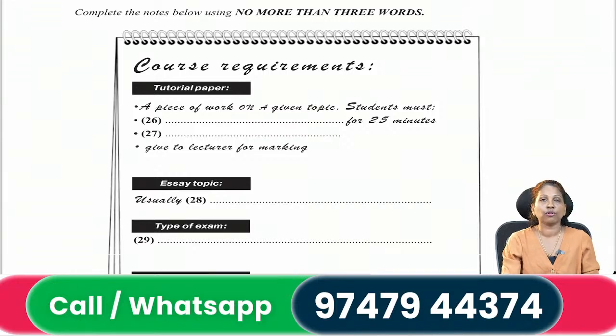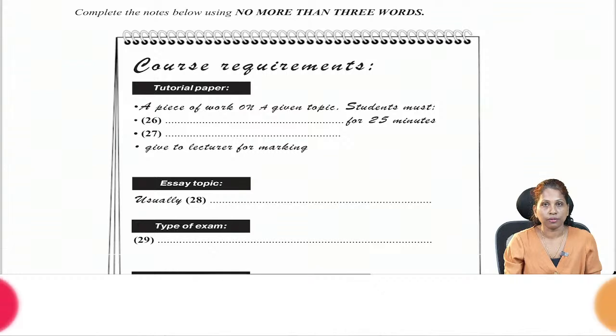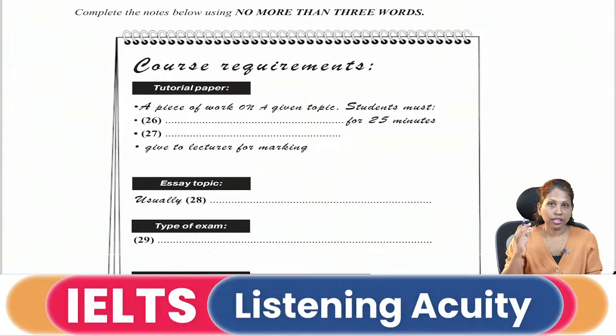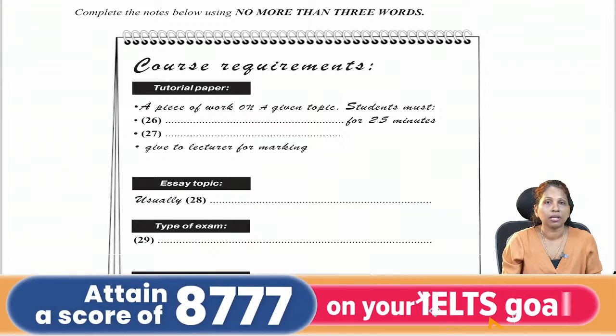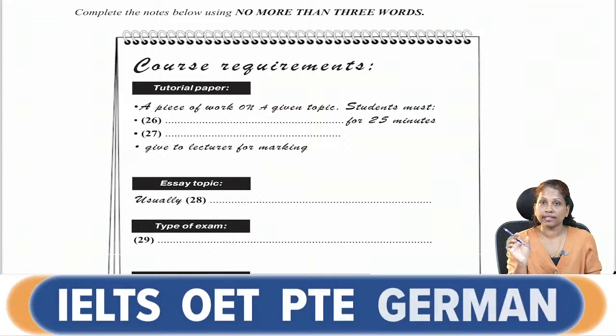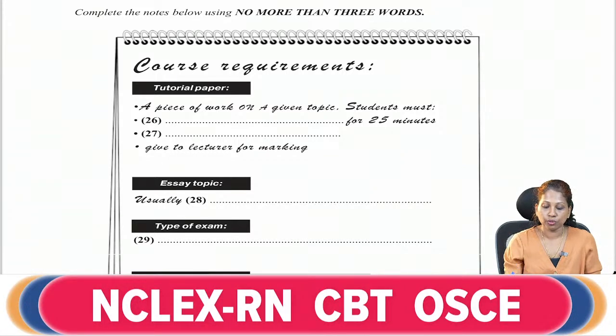So whenever you are going for a note completion question, always make it clear that you look at the headings and the subheadings, because you get an idea what you are going to look for in the audio clip. The moment the audio clip comes to the part where they speak about the tutorial paper, that is where you will get the 26 and 27 blank answers. Similarly, the moment the word says essay, regarding an essay topic, that is where you will get the answer for 28.